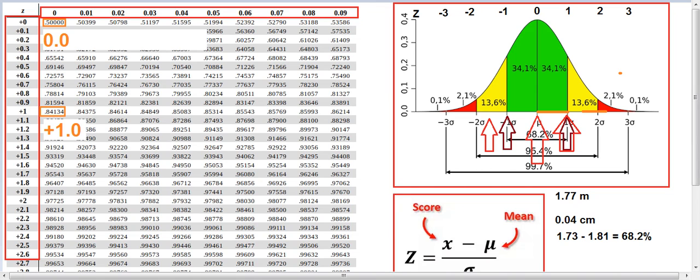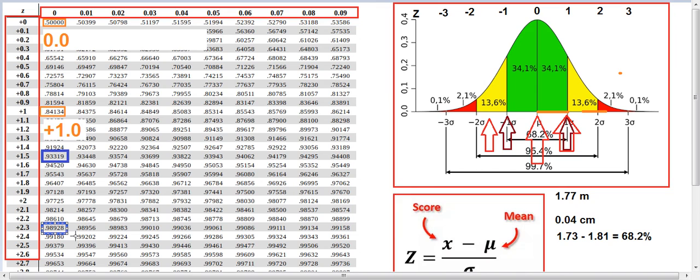Let's say 1.5. 1.5 is here, 1.50, so I'm going to select 0.93. And let's see 2.3. So 2.3 is exactly here.